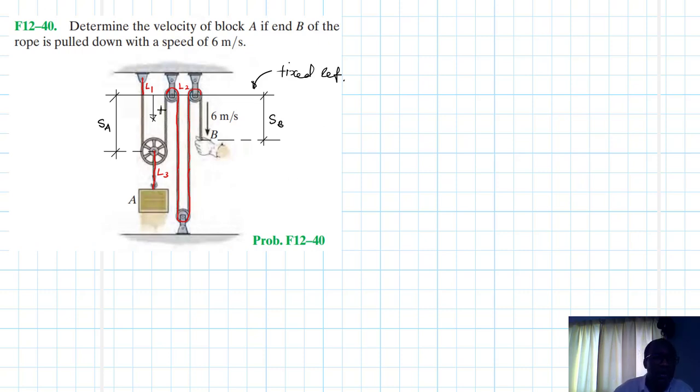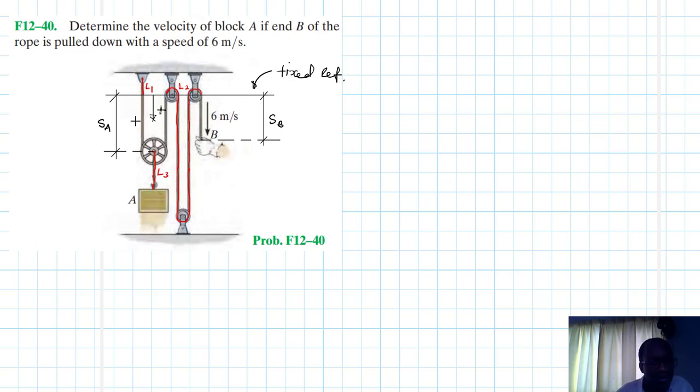Here we go. Once we've done this, we can now write down the equation for the total length of this particular rope. SA, how many are there? We can count there, 1, 2. There is this length and there is this length.